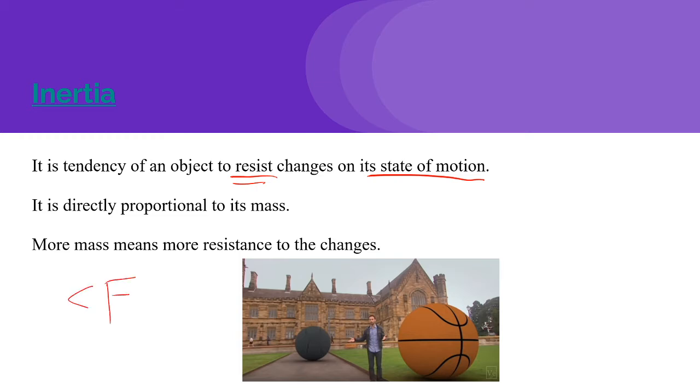You have to apply a net force. Alright, if there's no net force acting on the object, then there is no change of motion. Objects will resist changing their state of motion. And what is it about? It is about mass. More mass means more inertia, so heavier objects will require more force to accelerate them.